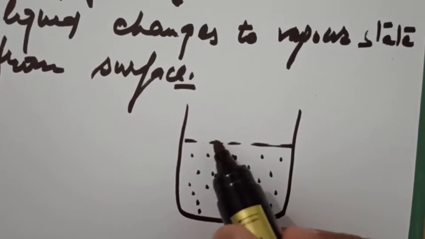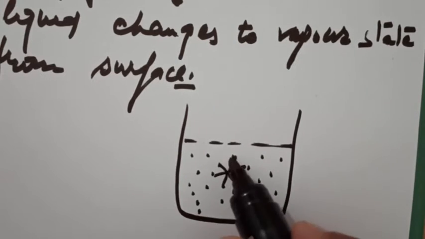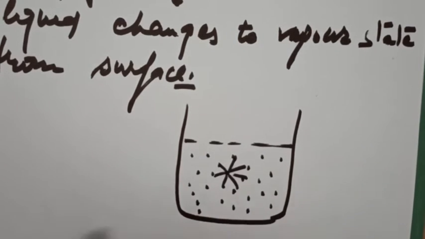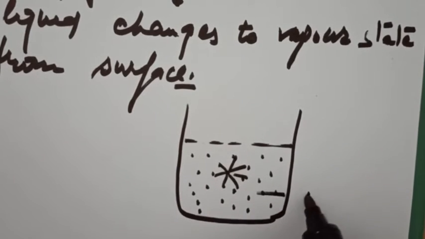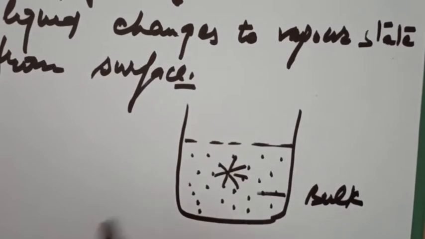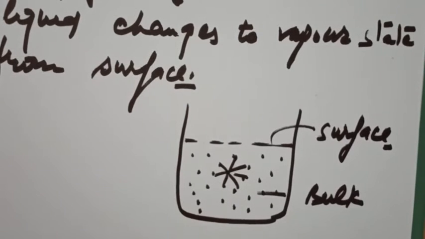And from where did they get the kinetic energy? From the molecules present inside the liquid, in the bulk of the liquid, because this part is known as bulk and this is known as surface.